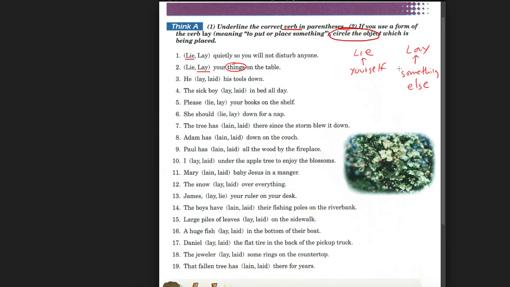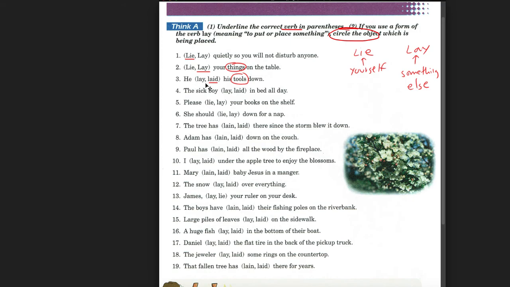Sorry, the verb form of lay. What's the past tense of lay? It is laid. What did he lay down? His tools.